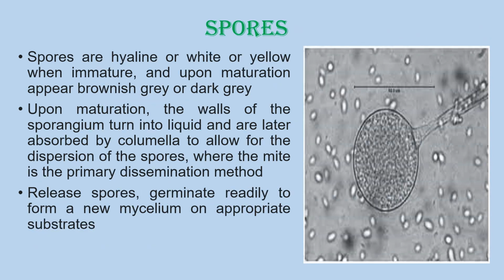Once the sporangial wall dissolves, it is absorbed, and only a little portion of the sporangial wall remains in this stalk region as a collarette.